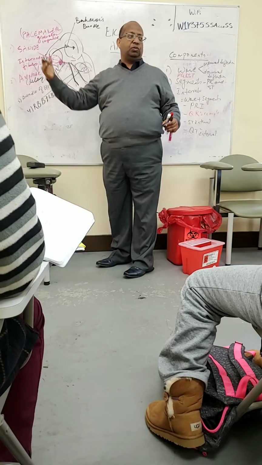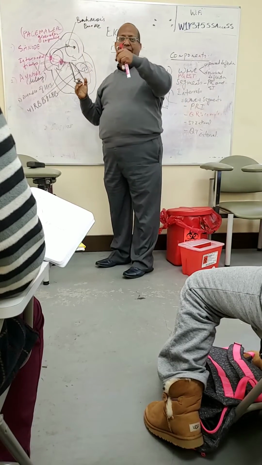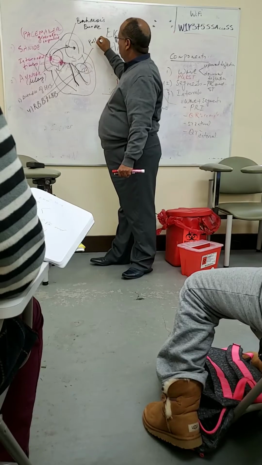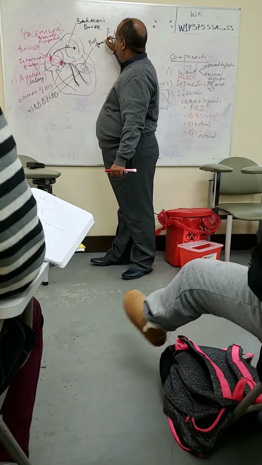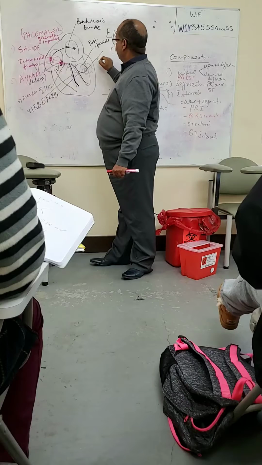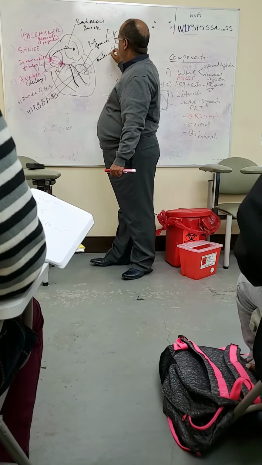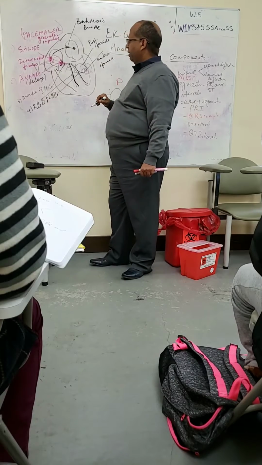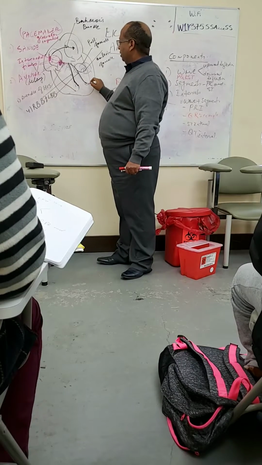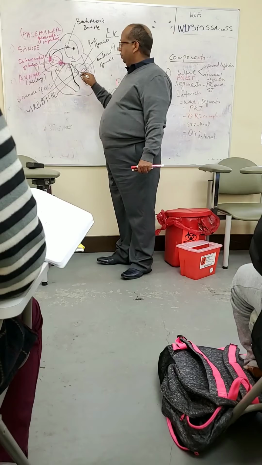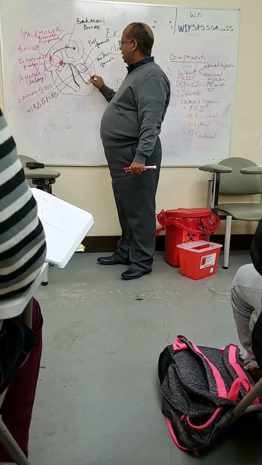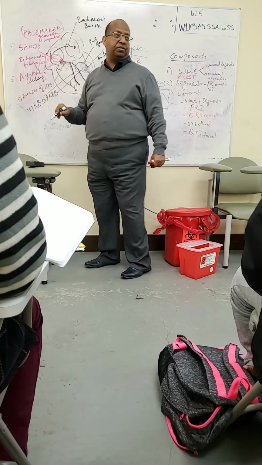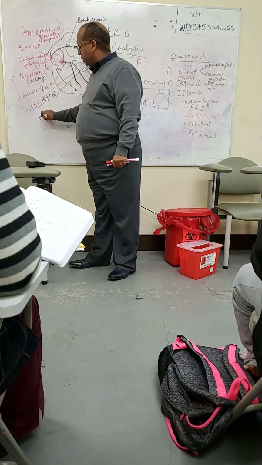This one is the posterior fascicle and this one is the anterior fascicle. Then from the right and left bundle branches come small fibers called Purkinje fibers.